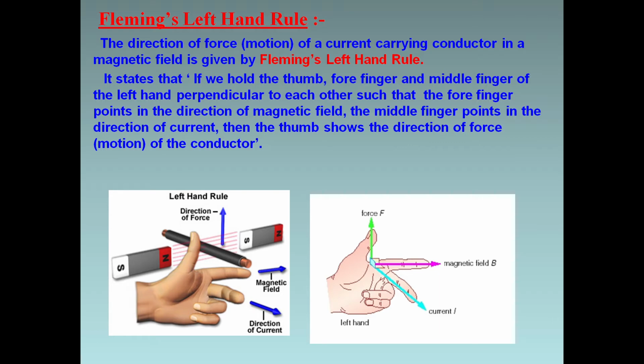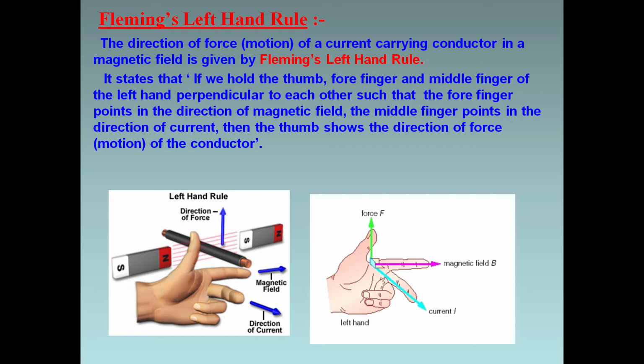This rule states that if we stretch thumb, forefinger and middle finger of our left hand in such a way that these three are mutually perpendicular to each other, and forefinger points in the direction of magnetic field, middle finger points in the direction of current, then this thumb shows the direction of motion of conductor.